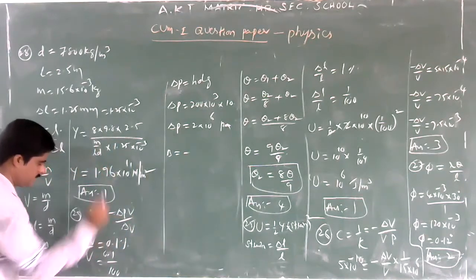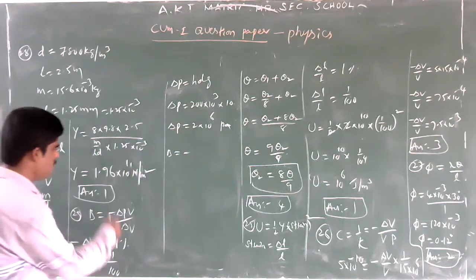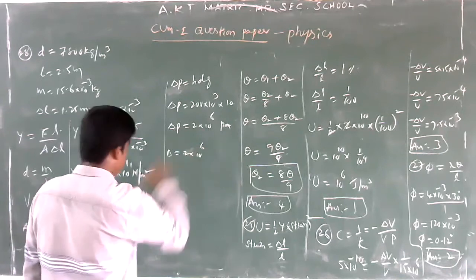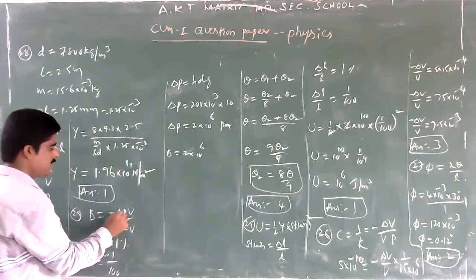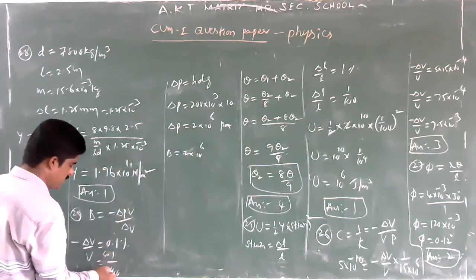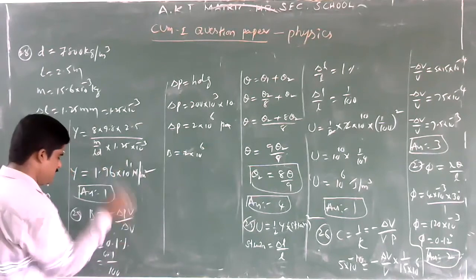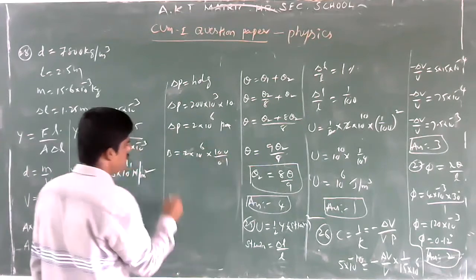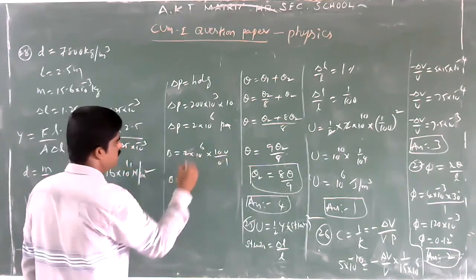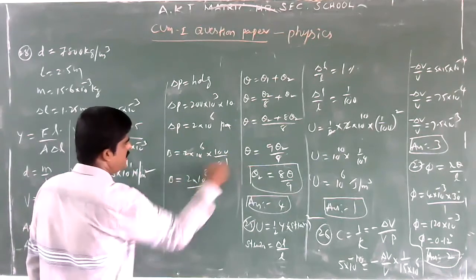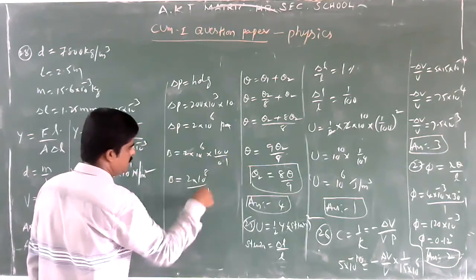Next, bulk modulus B is equal to minus delta P into V by delta V. A decrease in volume means delta V will be taken as negative, so minus into minus becomes plus. Here pressure is 2 into 10 to the power of 6. Delta V by V is 0.1 by 100, so V by delta V is 100 by 0.1. Then B is equal to 2 into 10 to the power of 8 divided by 0.1, that is 10 to the power of minus 1.